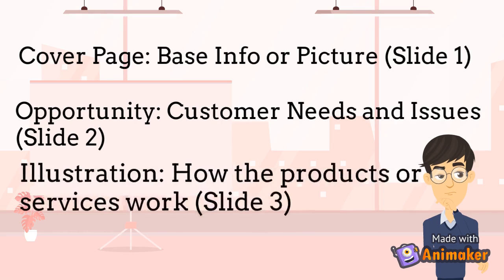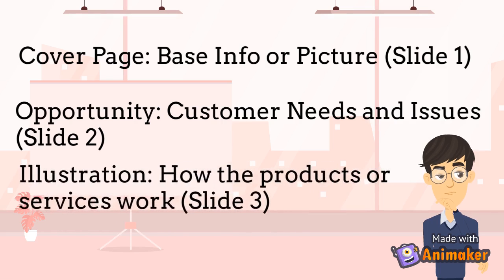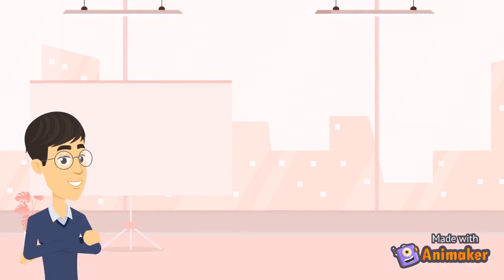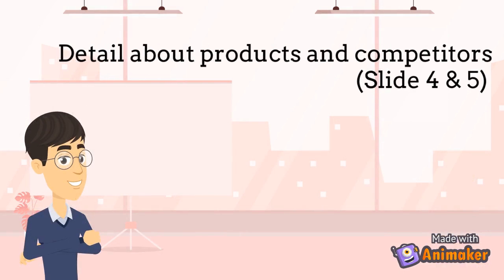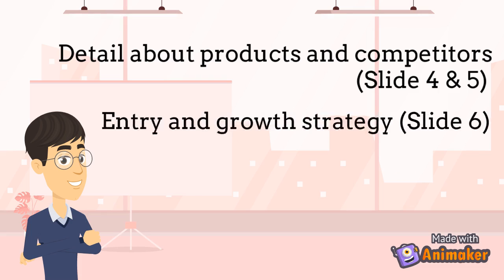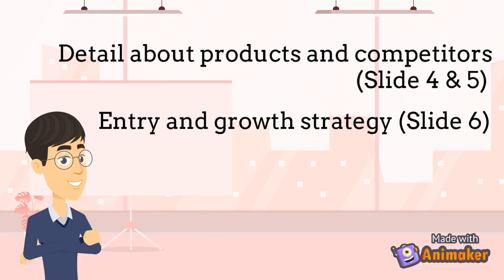After that, the third slide should illustrate how the products and the service work. Slides 4 and 5 are about the details of the products and the competitors in the market. The entry and growth strategy of the company should be included in slide 6.